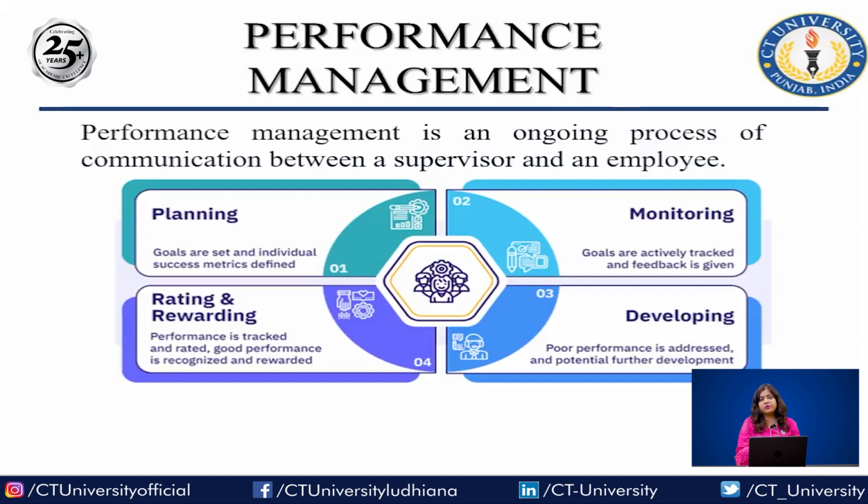Now what kind of communication is required between a supervisor and an employee? A supervisor is a person who keeps the record of everything that is going on in the organization. An employee is a person who works under the supervisor to make the company achieve its targets on time and to earn the maximum profit as well.